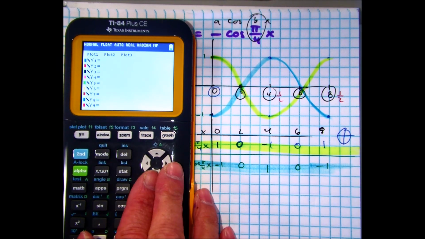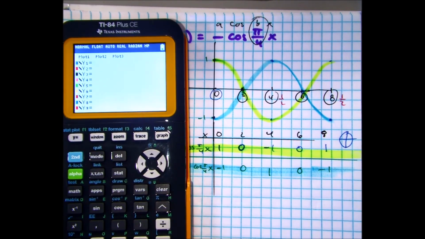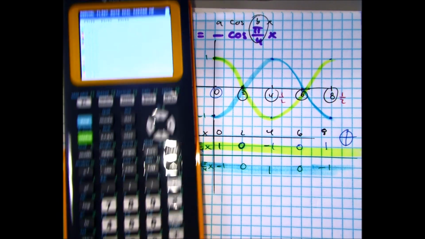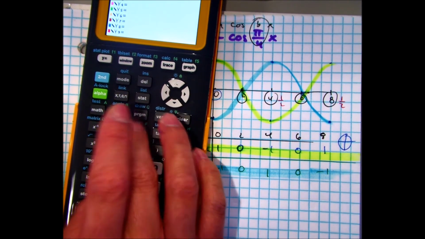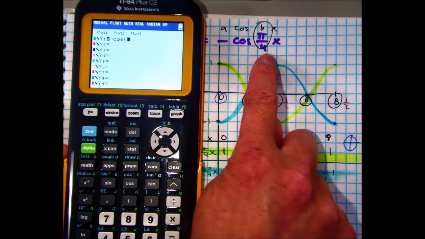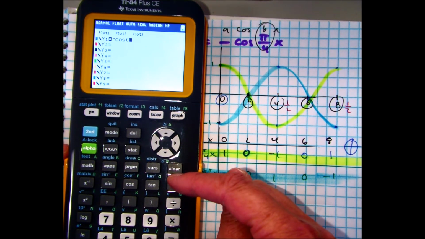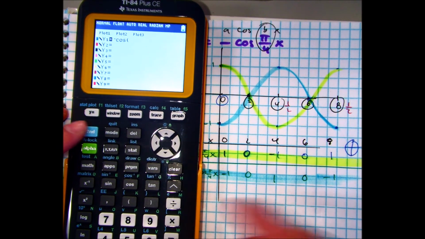So y equals, I'm going to clear out, just write that in. Remember, this is the negative sign, not a subtraction sign, so we're talking about negative cosine. And then it tells me pi divided by 4. Your pi button is in blue, so you're going to have to press the blue button first.